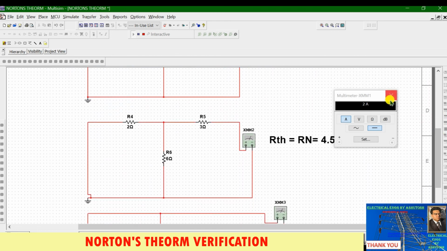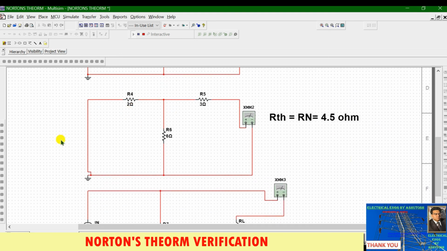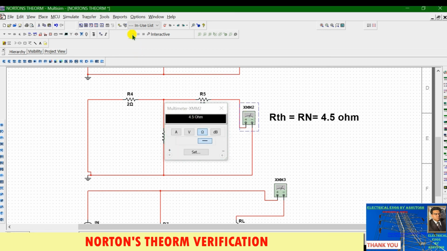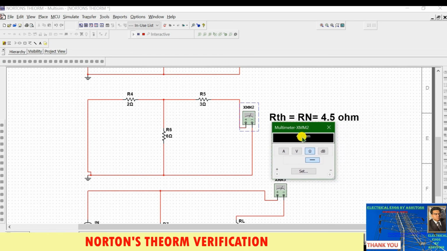Now in the second circuit you can see we have the Thevenin's resistance or Norton's resistance 4.5 ohm, which we earlier calculated. Now again we have to run the simulation, and this will tell you the Norton's resistance. We have selected the ohm meter; this multimeter is working as an ohm meter.